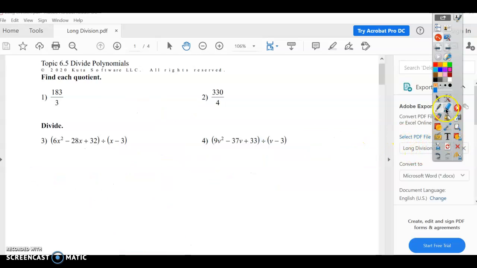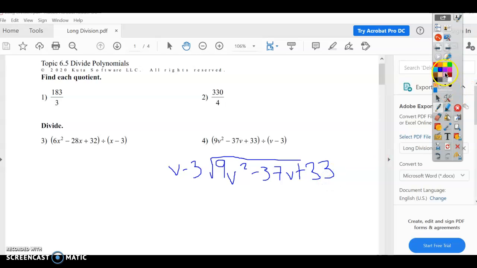So let's do it again for number 4. We are dividing these two polynomials. So I have v minus 3, and 9v squared minus 37v plus 33.